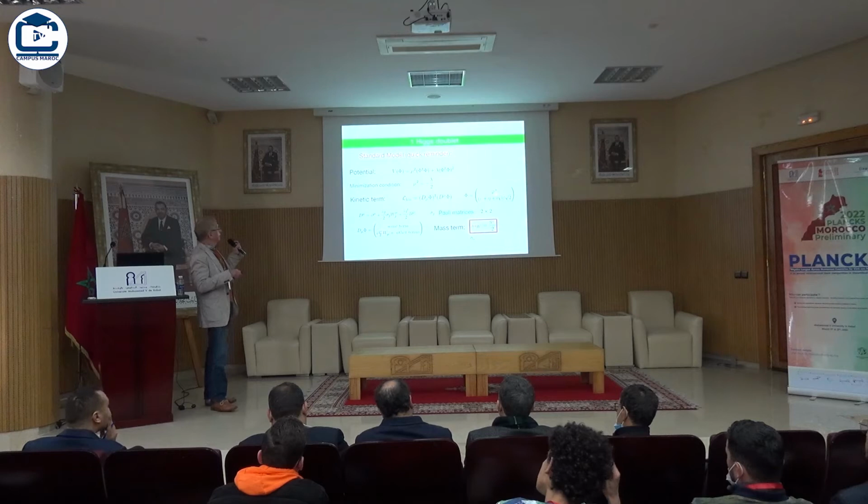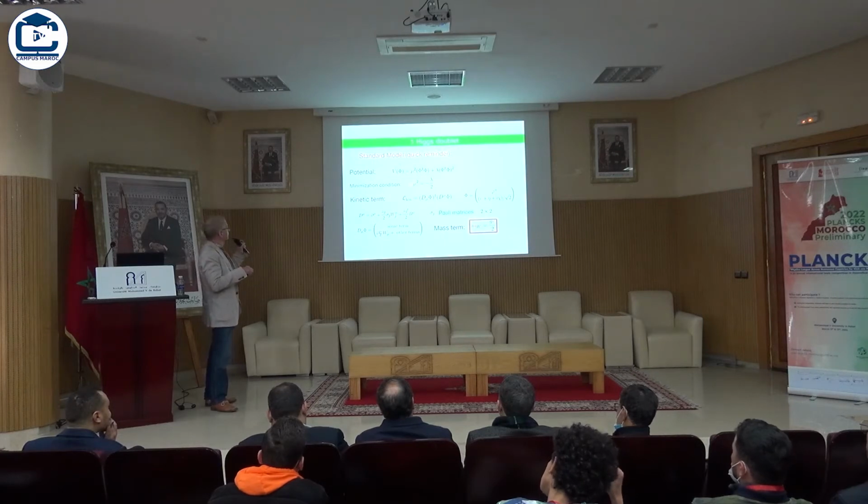And the important feature of this potential is that, for suitable choice of these coefficients, it can have a vacuum value when phi plus and eta and chi are 0.